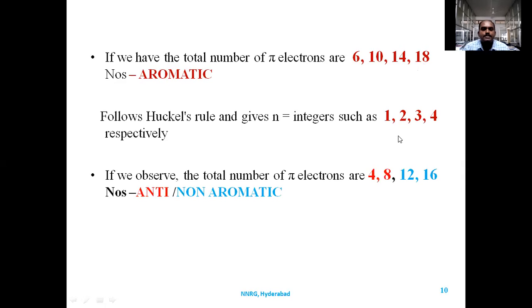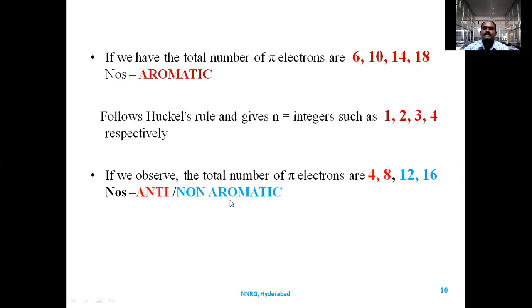And when the total pi electrons are 4 or 8, then it comes under anti-aromatic. If a system has 4 pi electrons like cyclobutadiene, or 8 electrons like cyclooctatetraene, they are called anti-aromatic because they have 4n pi electrons.